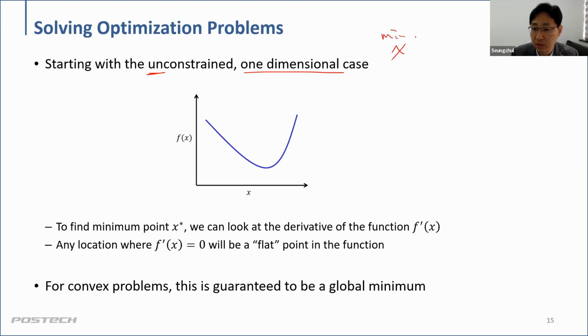So minimize f of x, and say f of x is like that. Again, this is the simplest thing that we can think of as a convex optimization problem, or it doesn't have to be; it's any kind of optimization problem.